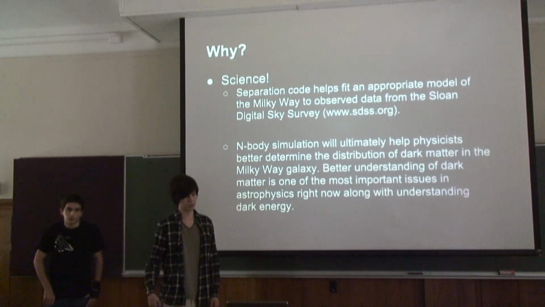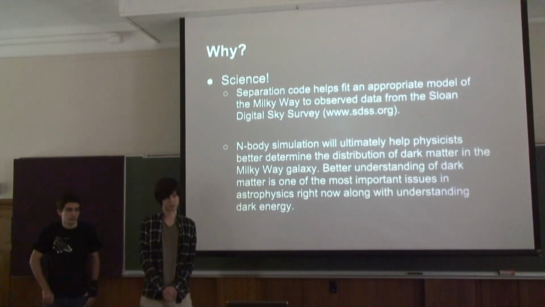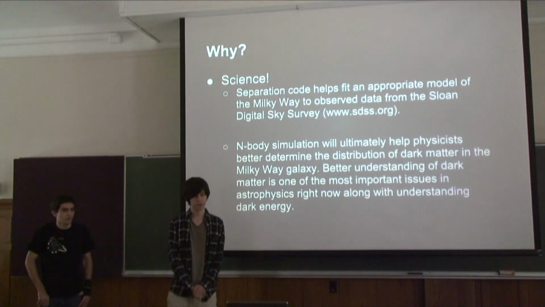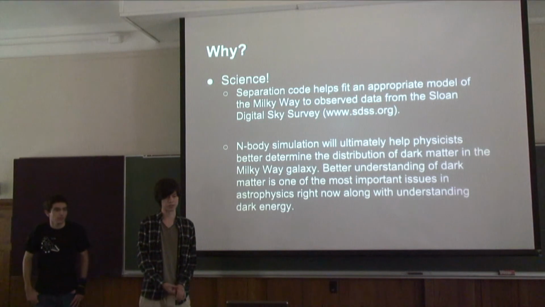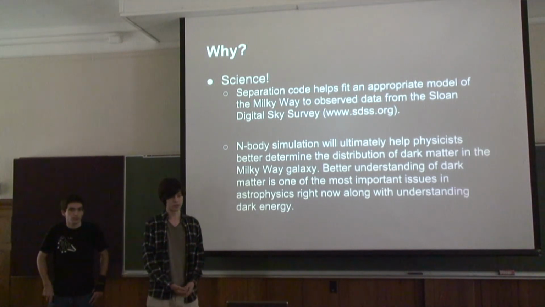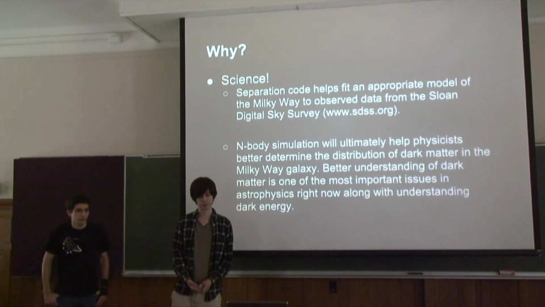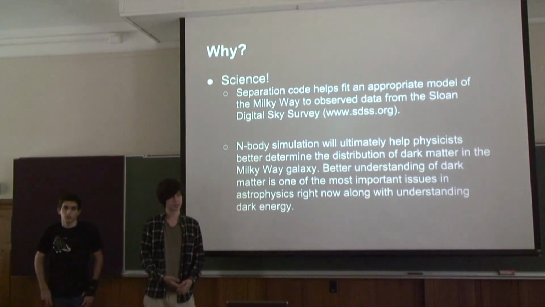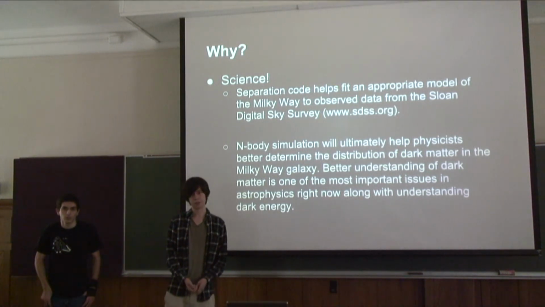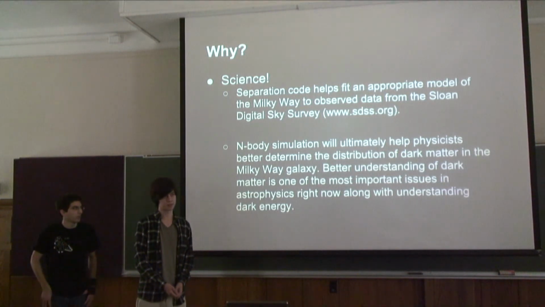So why is this important? Well, first of all, it's for science. Separation code helps fit an appropriate model of the Milky Way to observed data from the Sloan Digital Sky Survey. And the n-body simulation will help physicists determine the distribution of dark matter in the Milky Way galaxy. This is something that we really don't have a deep understanding of.